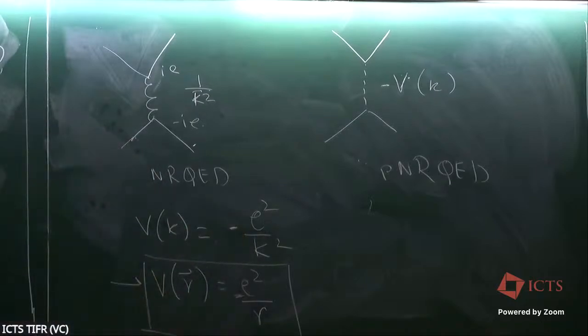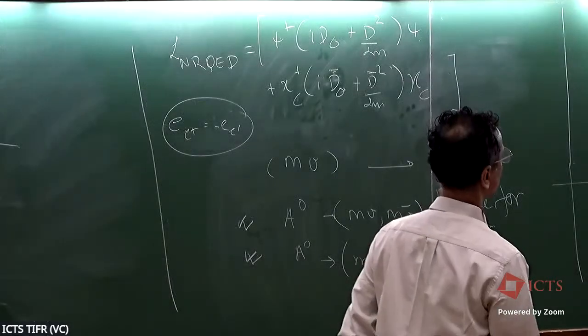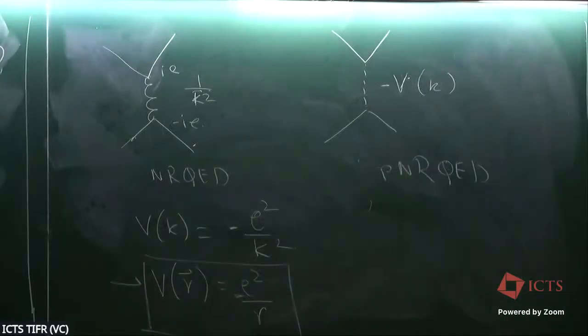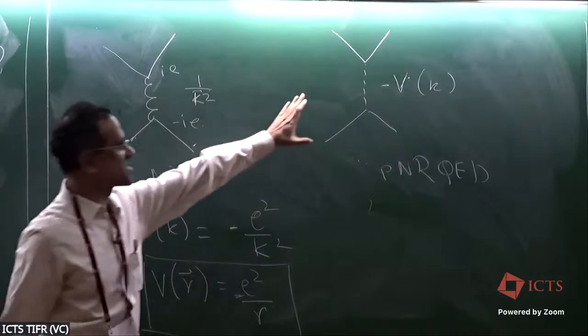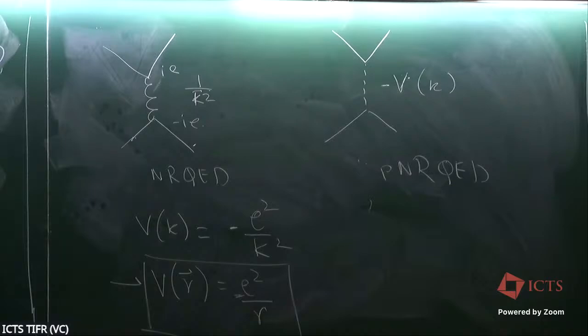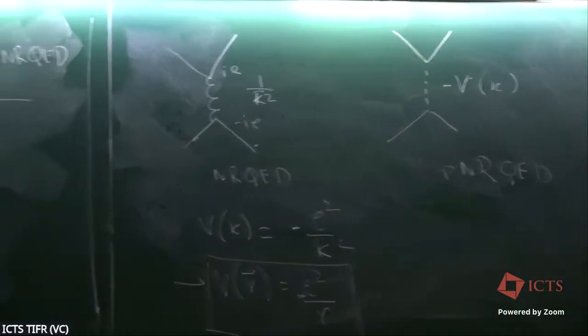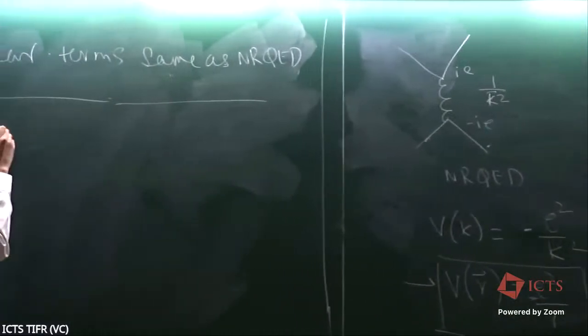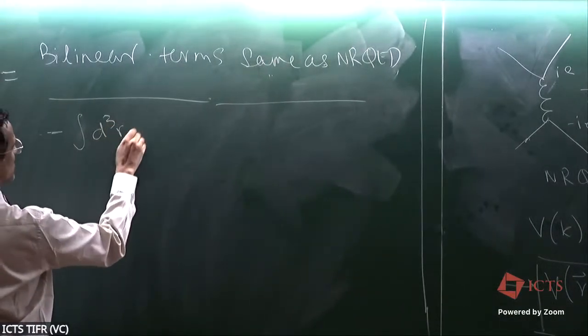So I write it with the minus sign and I'll explain. So what does it mean for my theory? This is a 4-point vertex, so I need four fermion operators to write this. So the upshot is that L is equal to bilinear terms minus d cubed R1, d cubed R2.